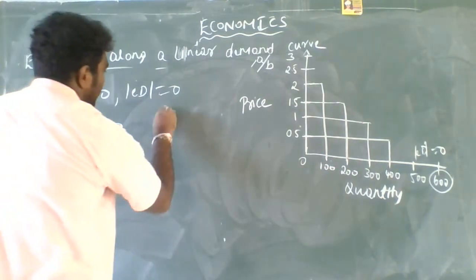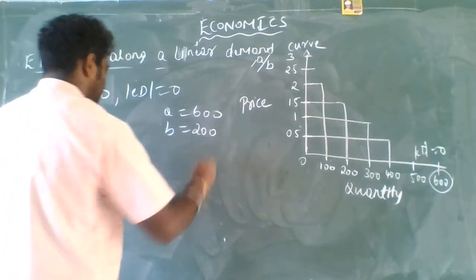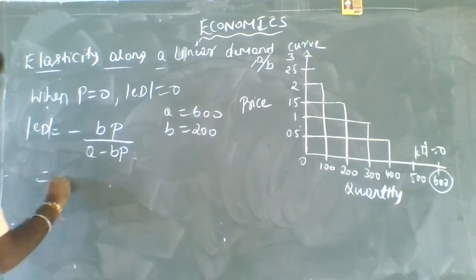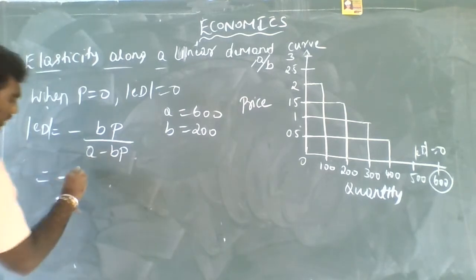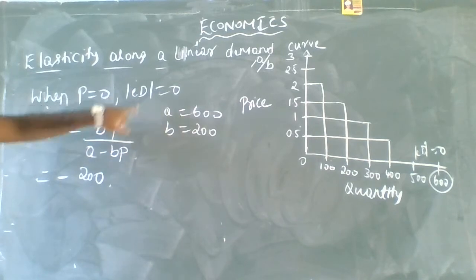So understood that A is 600 and B is 200, right? B is the change in quantity divided by the change in price, which is 200. If I substitute this, when price is 0, elasticity of demand is 0.